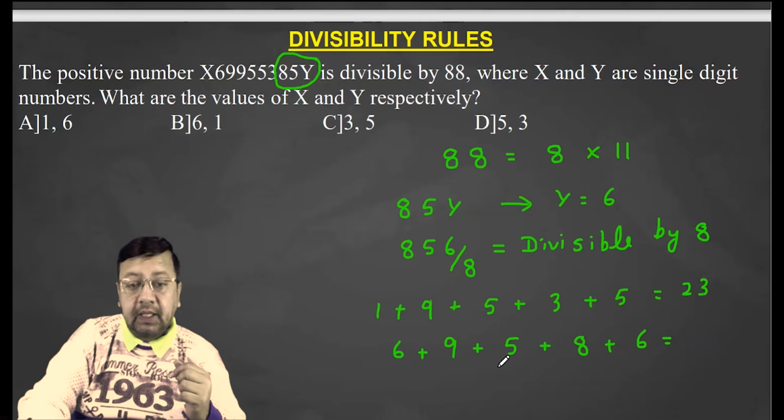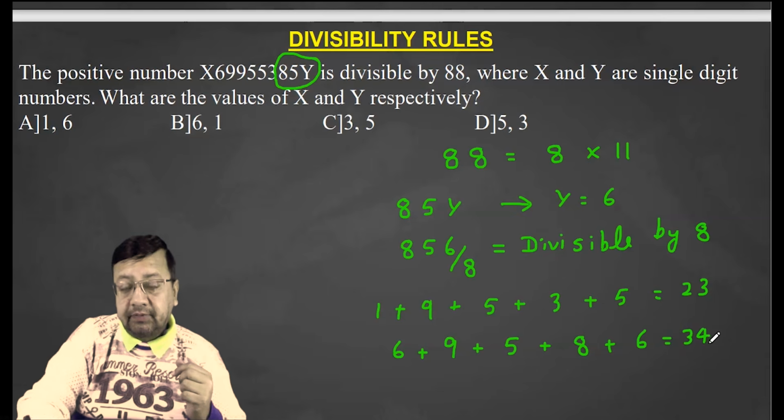The second, 6 plus 9 is 15, 15 plus 5 is 20, and 20 plus 8 is 28, and 28 plus 6 is 34.